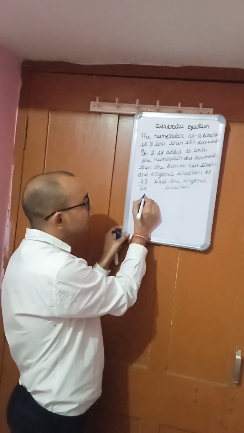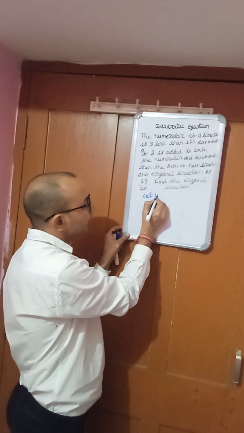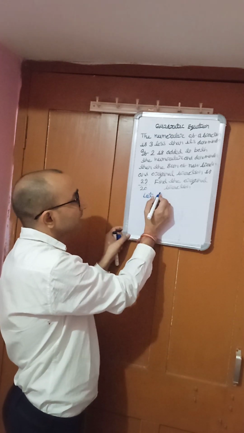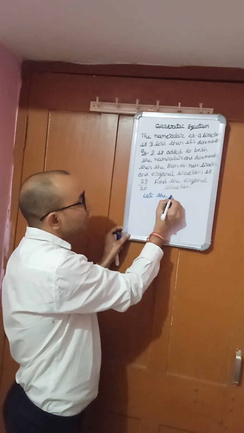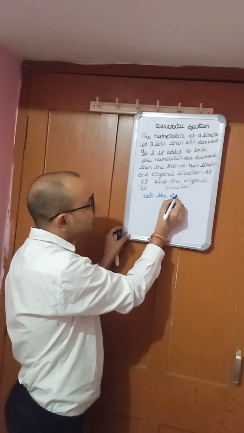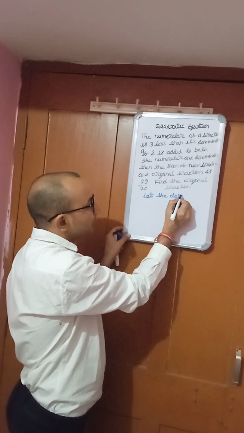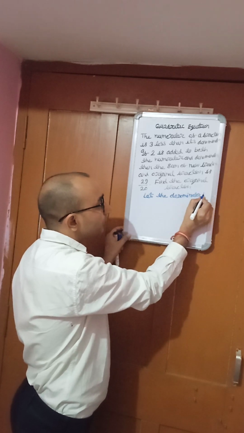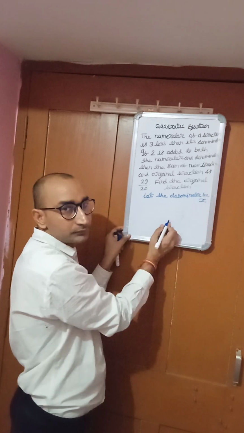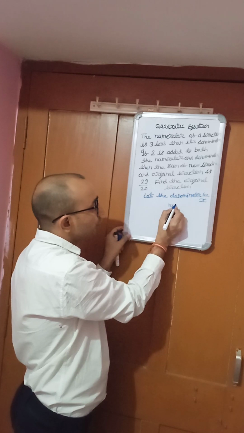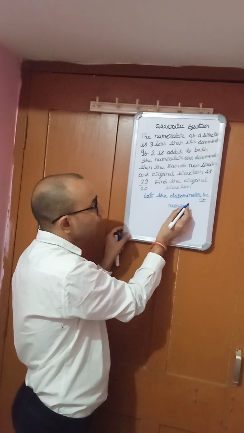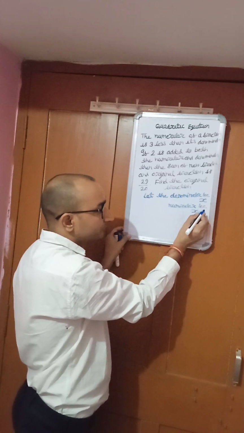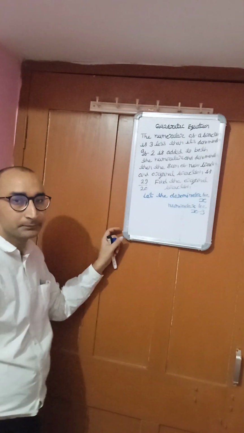So let the denominator be x, then the numerator will be x minus 3, because the numerator is 3 less.